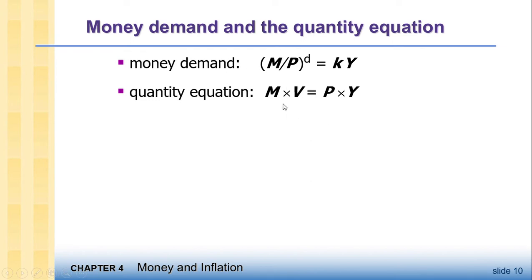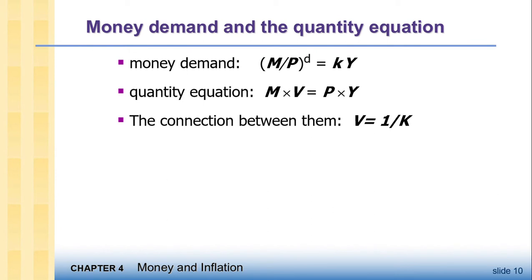We already know by the quantity equation MV equals PY. If I write V as 1 by k, we have M by P equals 1 by V into Y, therefore if we put V equal to 1 by k, we go back to the money demand equation.